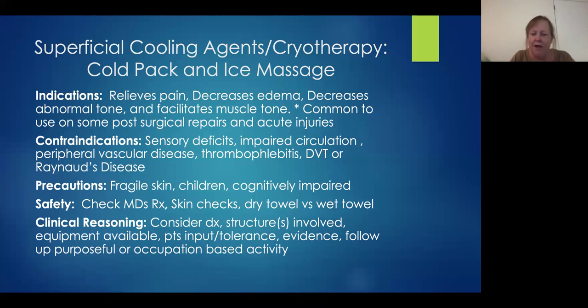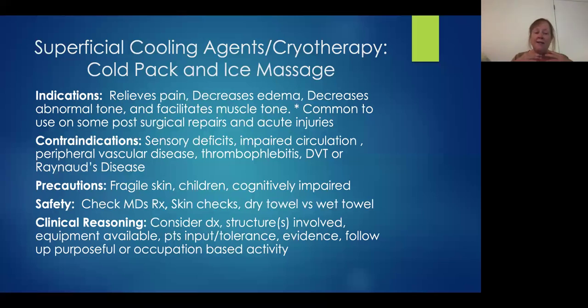Contraindications, very similar to the heat ones: sensory deficits, so impaired or absent sensation. Not going to use it for somebody who has impaired or absent sensation, or impaired circulation. I'm not going to use a cold pack, and I wouldn't use it on somebody who has peripheral vascular disease. So any kind of vascular problems, thrombophlebitis, DVTs, or Raynaud's disease.